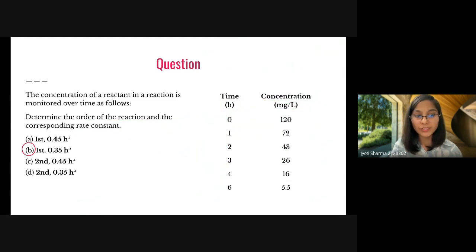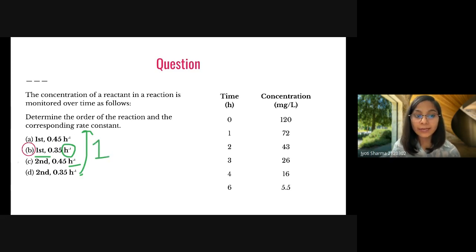So it is a first order reaction, and let me tell you, for the first order reaction, your rate constant unit will be per time. I don't know what the answer is, but just keep in mind that if the unit is per second, or per time, or let's say per hour, then this unit is for the rate constant when your order is 1.